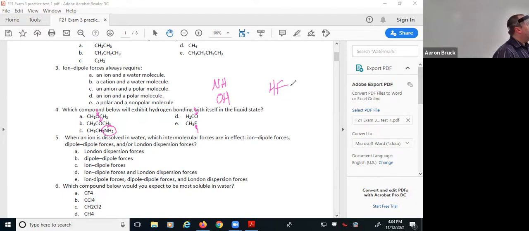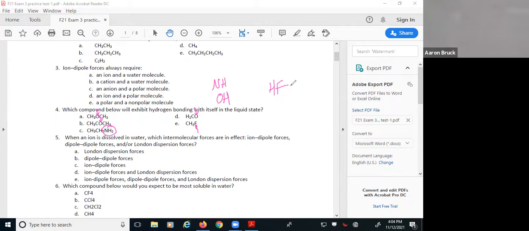Why that? Well, remember, if a substance or a pair of substances exhibits high interactions, it's also going to exhibit the lower interactions as well. So the ion dipole forces are going to be between the ion itself and the hydrogen bonding in the water. Remember, to have ion dipole forces, you need to have ions and you need to have dipoles. The ions come from the ionic compound, the dipoles come from the water.